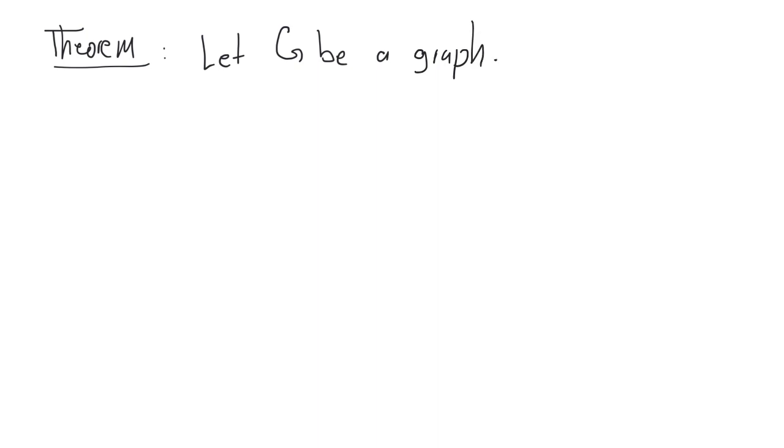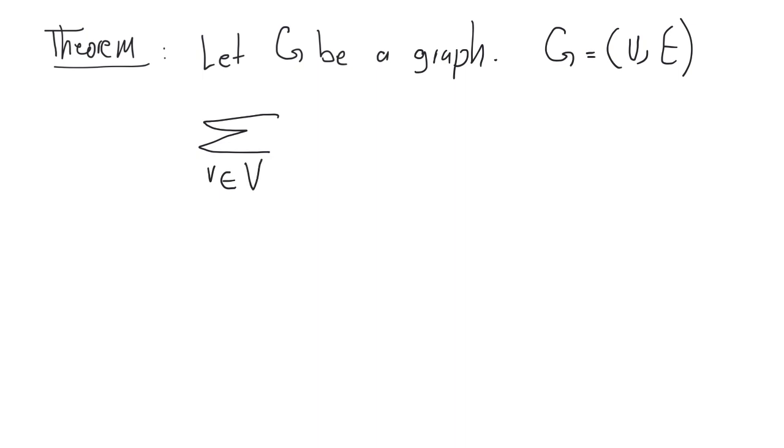then we look at the summation over all the vertices. G is by definition the set of vertices and the set of edges. We look at all the vertices and sum their degrees together.